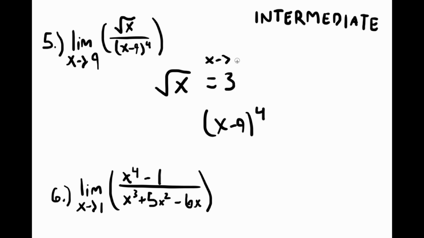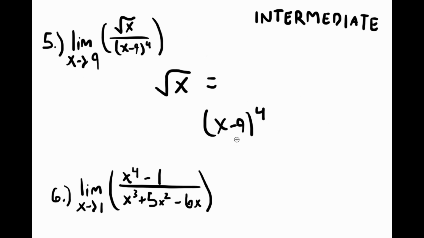And as x approaches 9, the denominator is going to be equal to 0, since 9 minus 9 to the 4th is just equal to 0. So we can't just plug in 9.